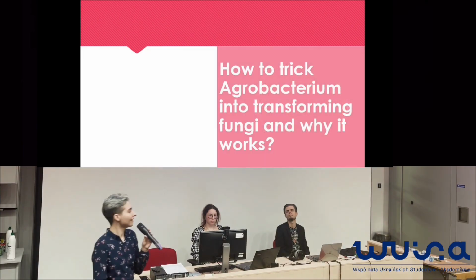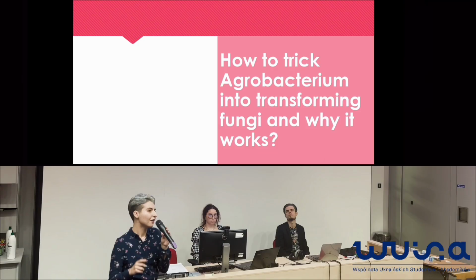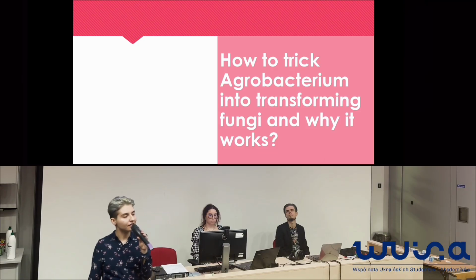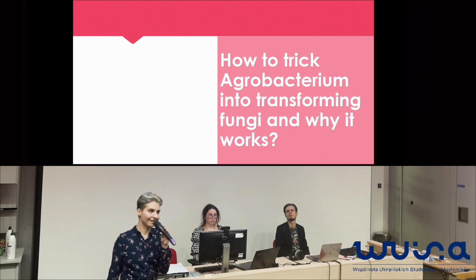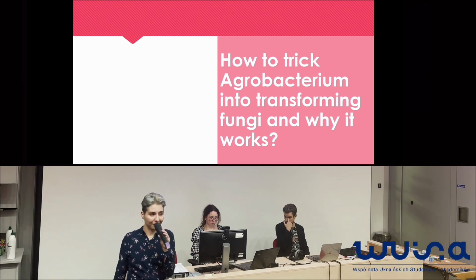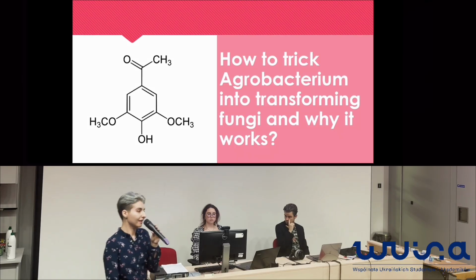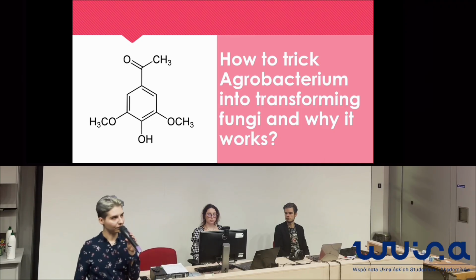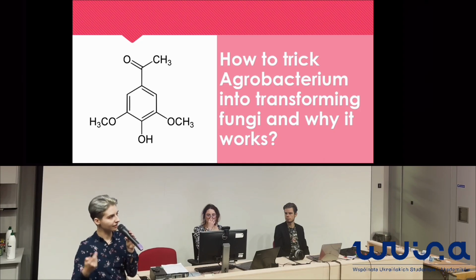But some of you may notice that I contradicted myself, because I said that Agrobacterium transformation is used for plants and fungi is not a plant, it's a totally different kingdom. So how do we do this? We trick Agrobacterium. Here you can see this mysterious compound. It's called acetosyringone. This compound is produced by the plant when it's injured. What does it mean?